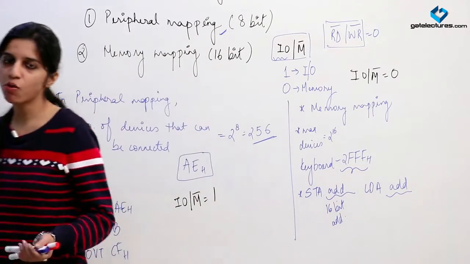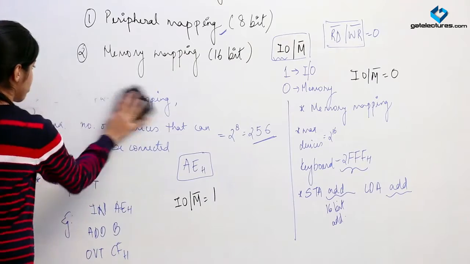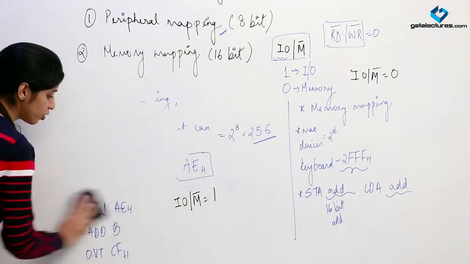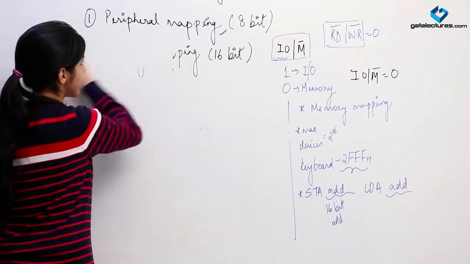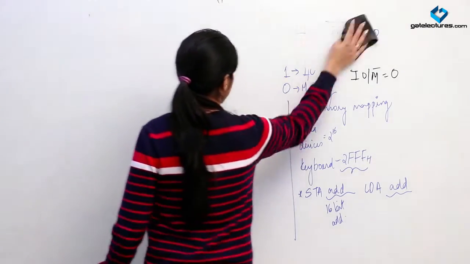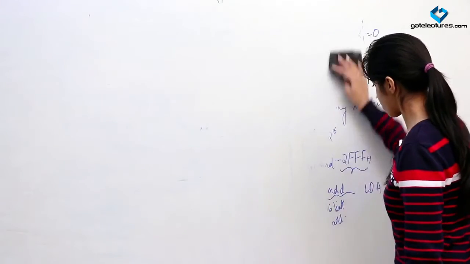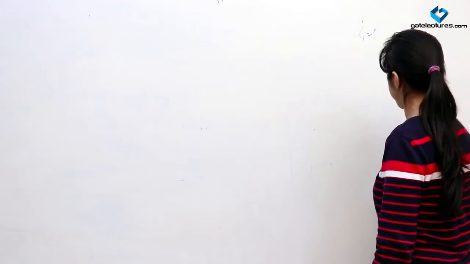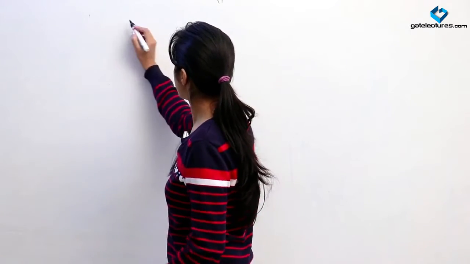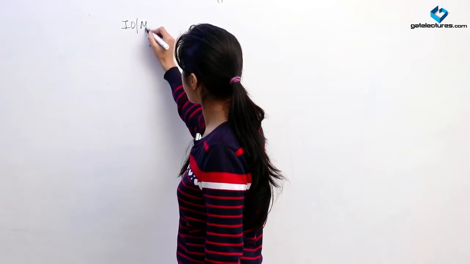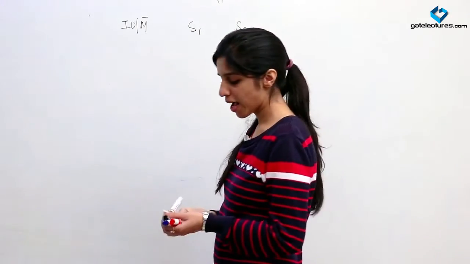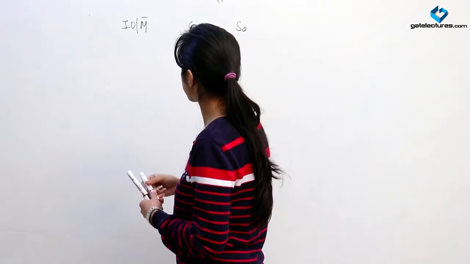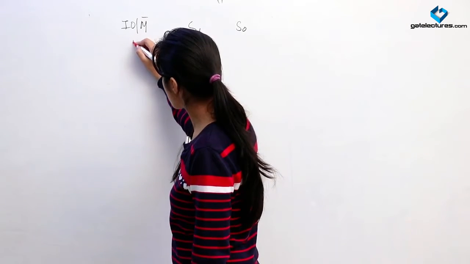Also, when we saw the pin diagram for 8085, we saw that there were 2 status pins, S1 and S0. We are just going to quickly look at what the function of those pins is. Suppose this is the IO/M bar pin, this is S1 and this is S0.